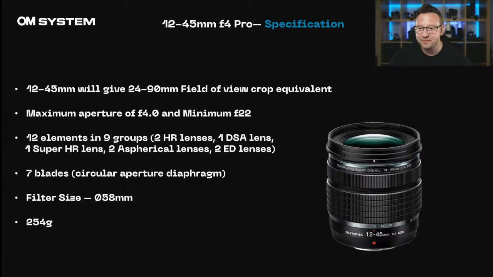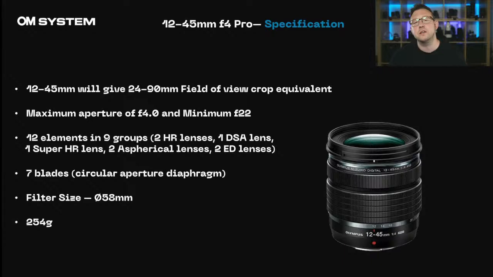It stands for something else, and we're going to cover that topic as part of the slideshow a little bit later on. You've got 7 blades in this one. A lot of the Pro lenses have got 7 blades in a circular aperture diaphragm system as well. And the filter size for this lens, if you wanted to use things like circular polarizers or any screw-on, step-up, step-down bits and pieces on the end, is 58 millimeters. And it weighs in at a paltry 254 grams.